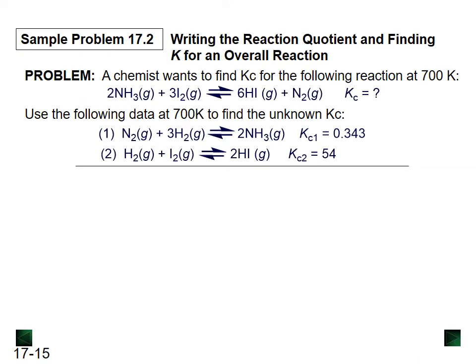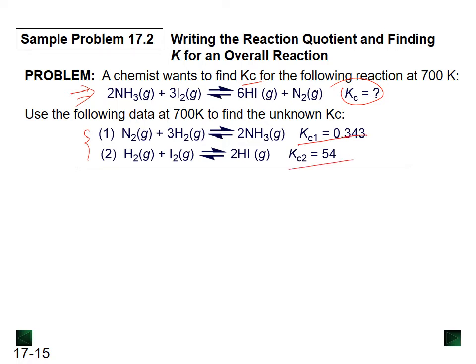Now let's look at a simple question, 17.2. A chemist wants to find the equilibrium constant Kc for the following reaction. So for this reaction, we want to find the Kc. And there are 2 known reactions given, and these known reactions have given equilibrium constants.